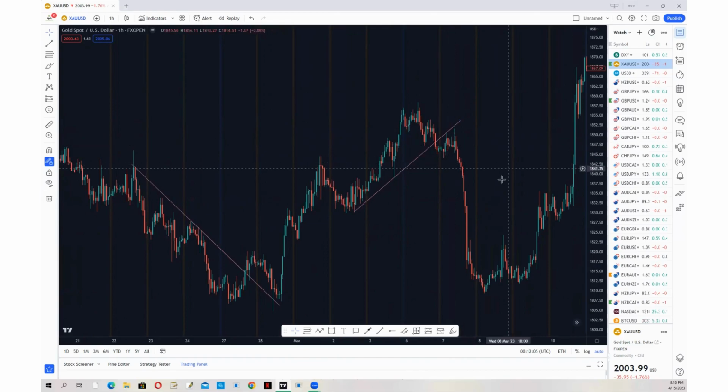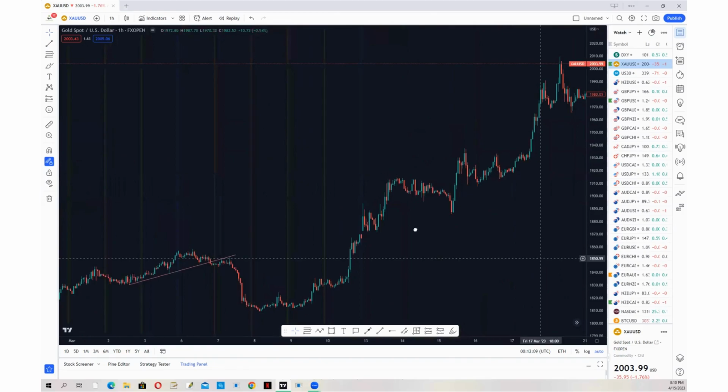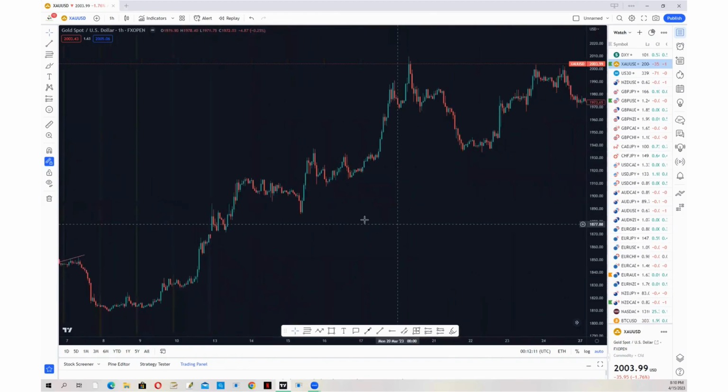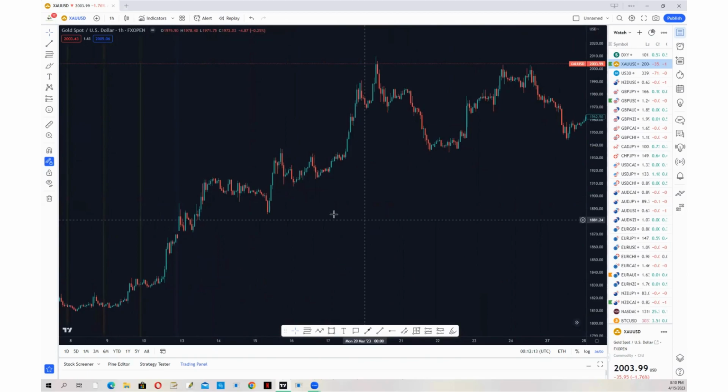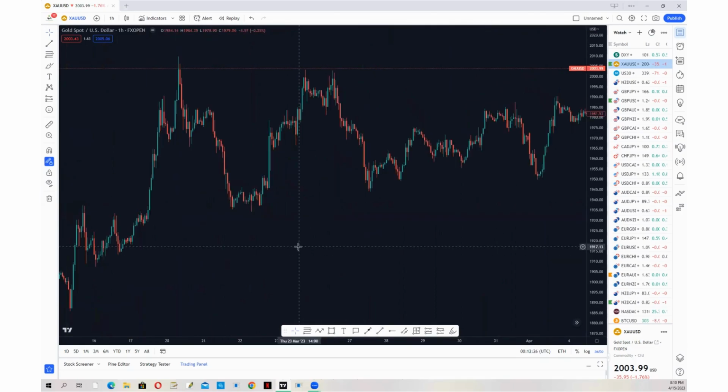Yes, you would use more confirmations than just the break and retest. But for this one, you're just focusing on what it is and how you would actually go about using that trend line. So at times, again, you may have a case where you draw your trend line waiting for something to happen and price just keeps going through it.